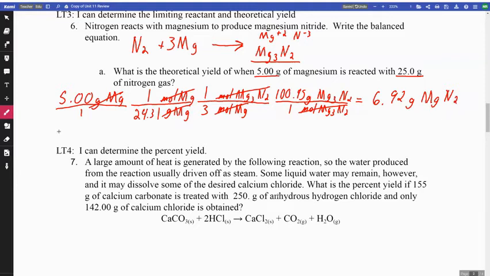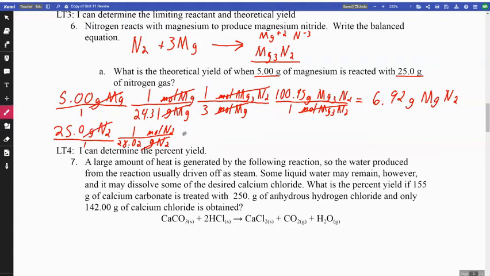Now we do the same thing for our other given. 25.0 grams of N2. We put that over 1. We do our first conversion factor. Grams N2. Moles N2 on top. Molar mass of N2 is 28.02. Moles is 1.